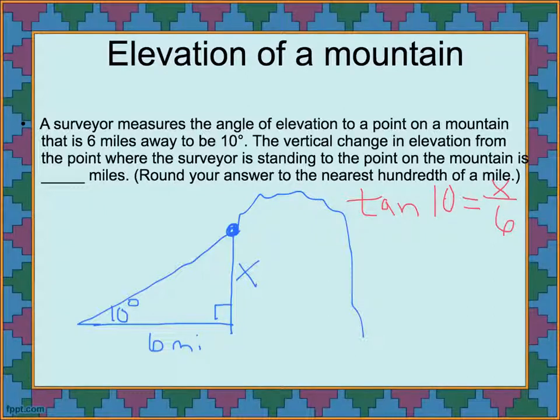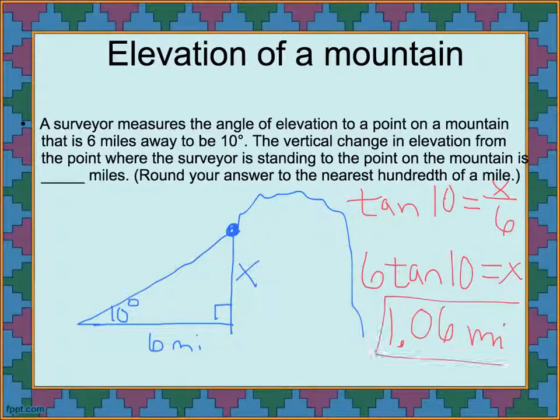Multiply both sides by 6 to get your x by itself, and we'll get 6 tangent 10 equals x. Type that into your calculator. Again, make sure you're in degree mode, not radian mode. And we get 1.06 miles, because it wanted it to the nearest hundredth of a mile. So tenths place, hundredths place.